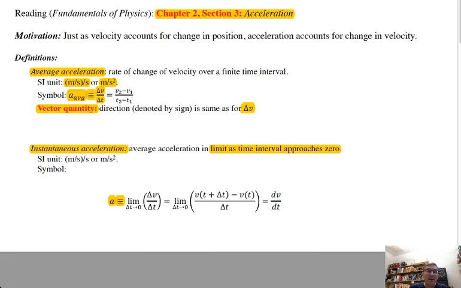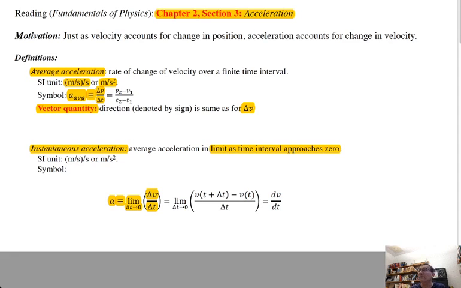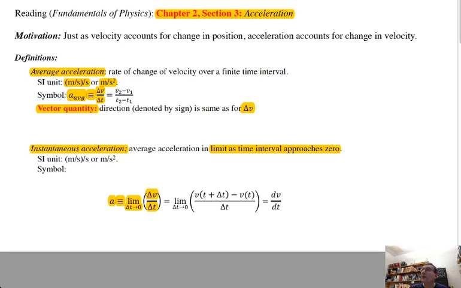It's defined using a mathematical process called a limit, as the time interval delta t goes to 0, of the expression for average acceleration. What I have next is just another way to write the expression inside the parentheses. The delta v, the change in velocity, v final minus v initial, is written like this.